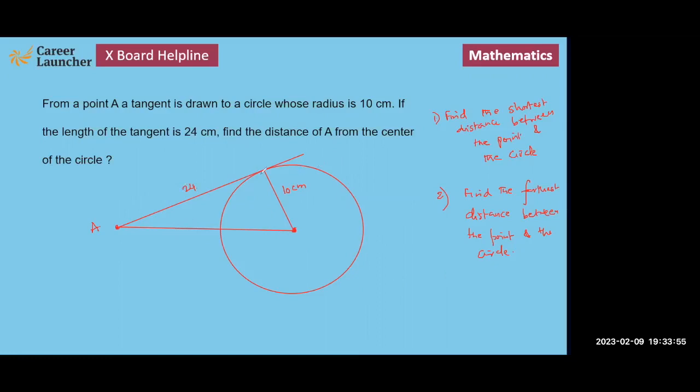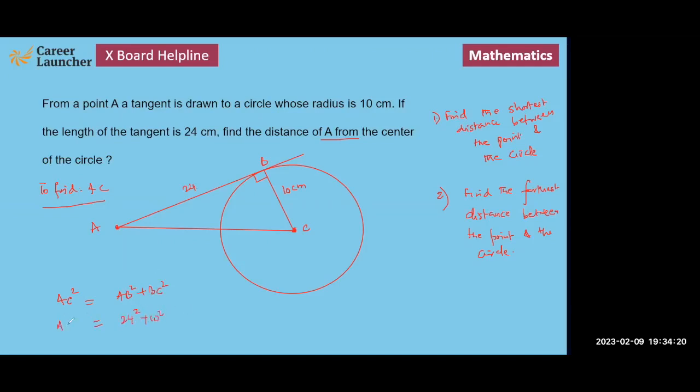Atharv, so we know that this angle is 90 degrees, and if I use Pythagoras theorem, I know that AC squared, because we have to find AC. This is what we need to find. So AC squared is equal to AB squared plus BC squared. That's equal to 24 squared plus 10 squared.